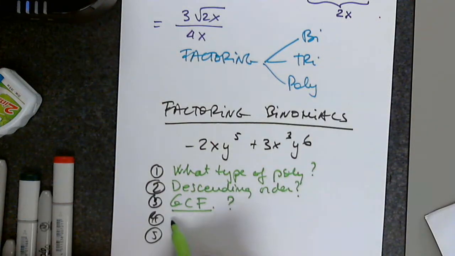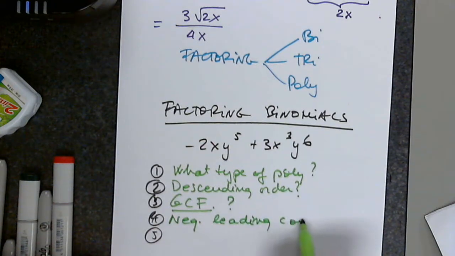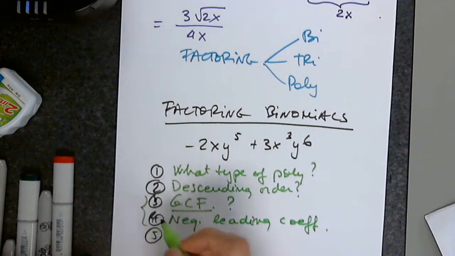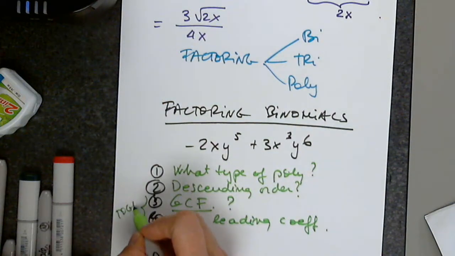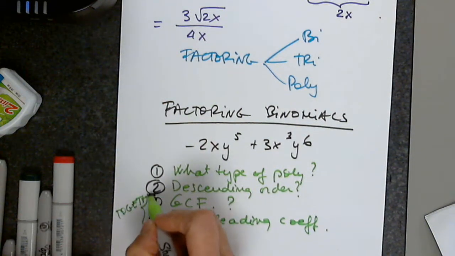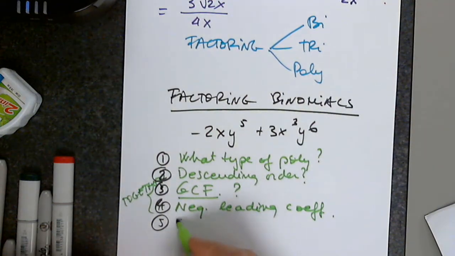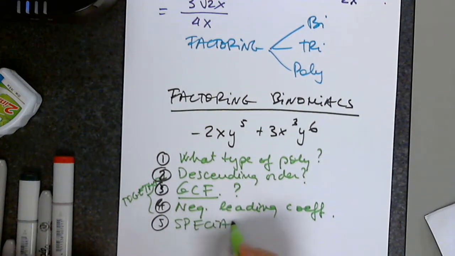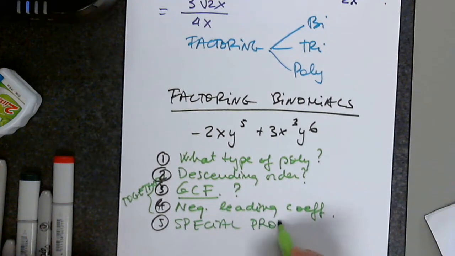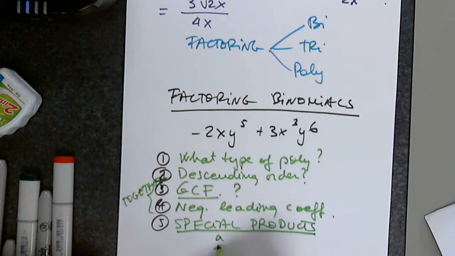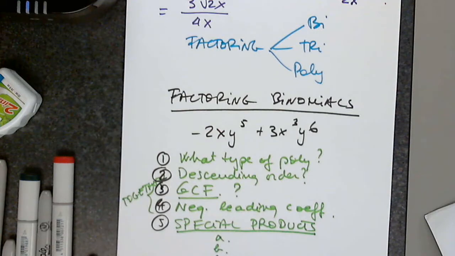In step number 4, negative leading coefficient. These two, 3 and 4, can be done together. Number 5 is special products, and there are 4: A, B, C, D. And we have to talk about all of them.